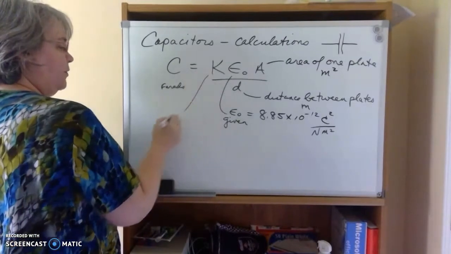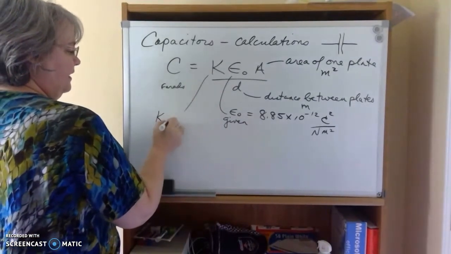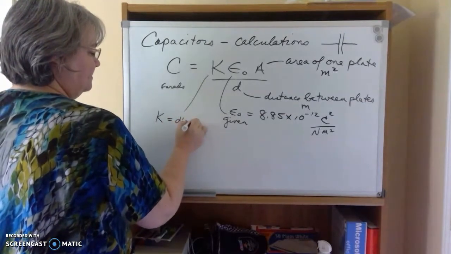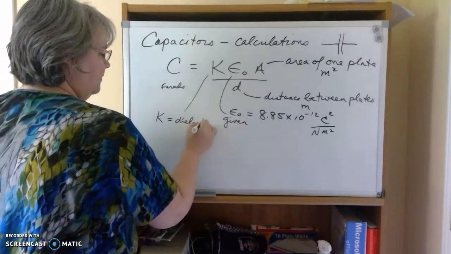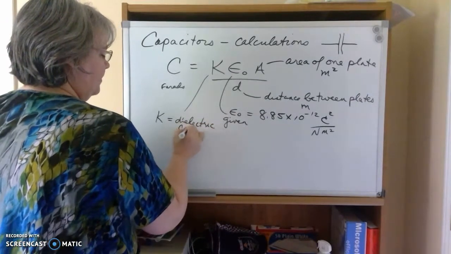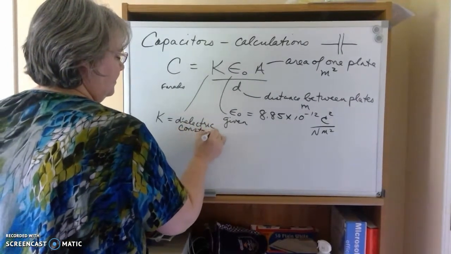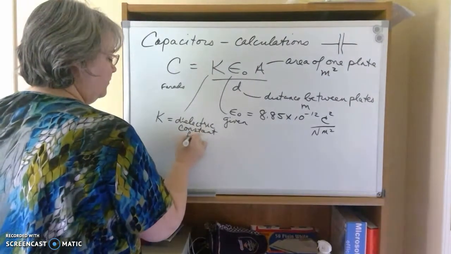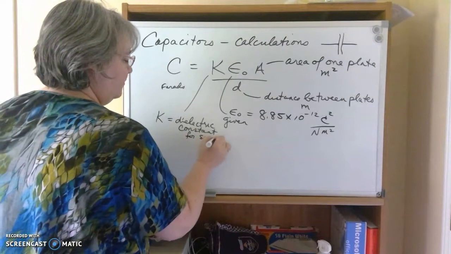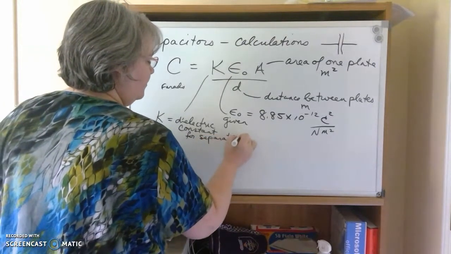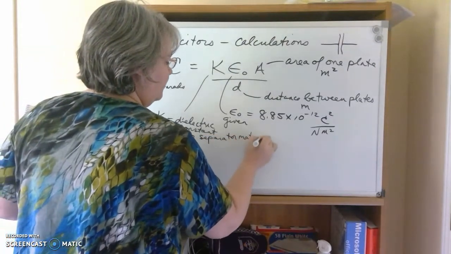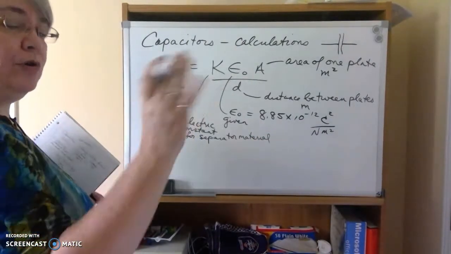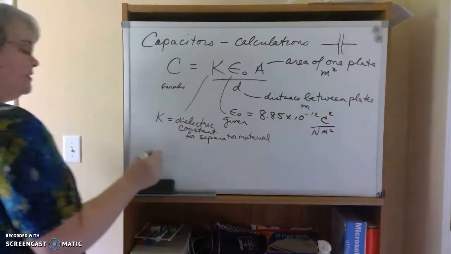And this last number, kappa, is the dielectric constant for the separator material. And it's based on how polarizable that material is.